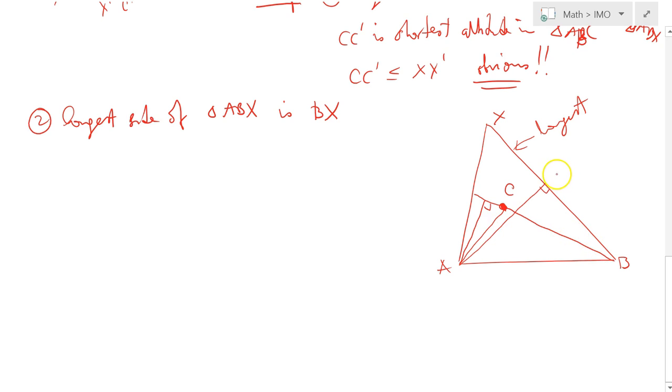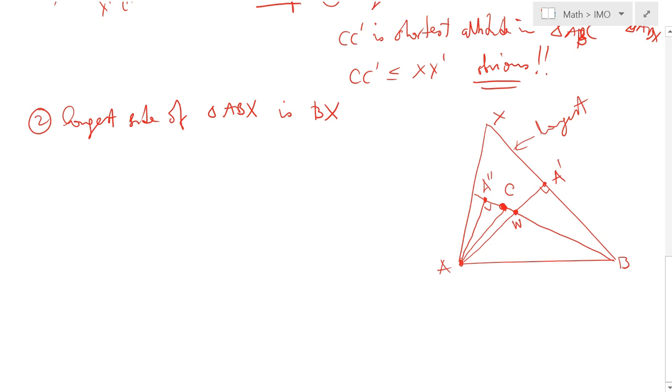Let's call the foot of the altitude of triangle ABX, starting from A, A prime, because it's opposite A. Let's call this altitude A double prime, and the intersection point I will simply call W.